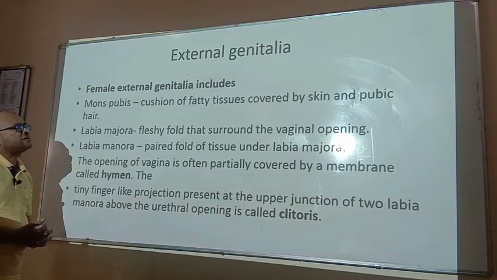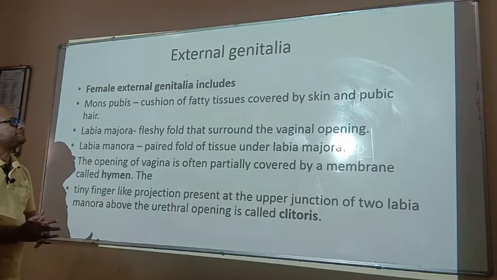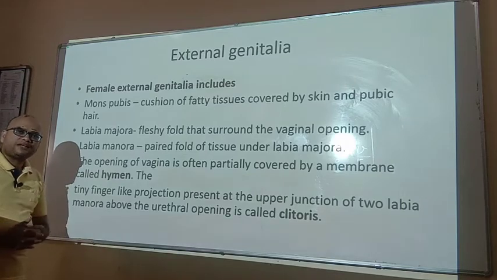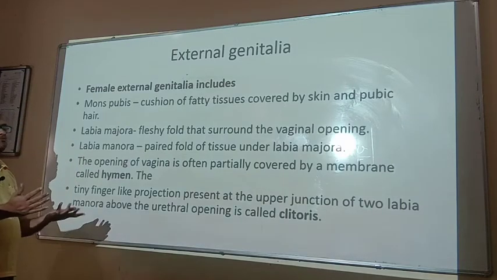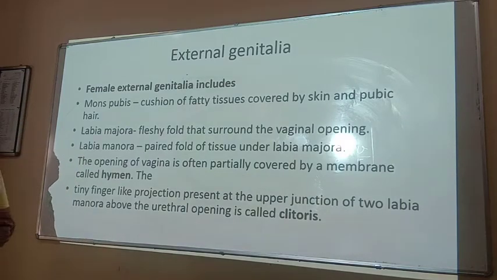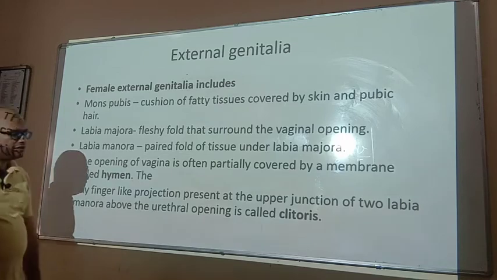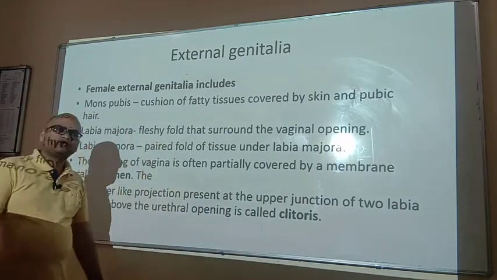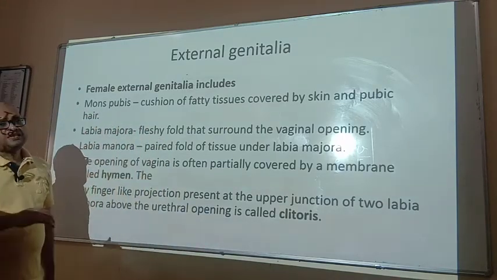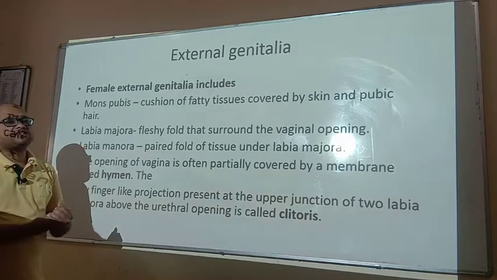The external genitalia of the female includes the following structures: mons pubis, labia majora, labia minora, hymen and clitoris. These are the parts of the external genitalia.